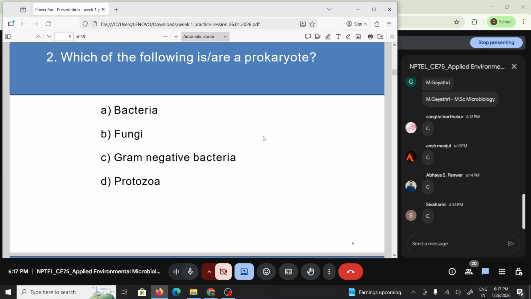Okay, now you have to identify which of the following is or are prokaryotic organisms.